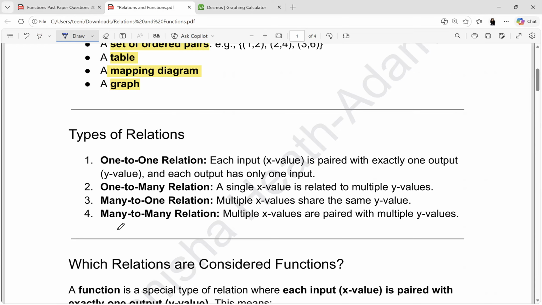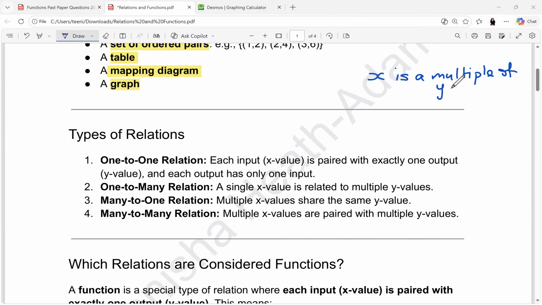Okay, you also have a one-to-many relation when you have a single x value related to multiple y values. So for instance, if the relation that I'm looking for is, let's say, multiples of, so x is a multiple of y, right? This is the relation that I'm looking at.